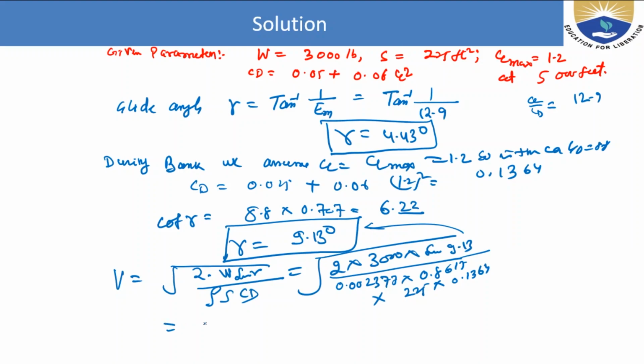So this velocity we will get 120 feet per second. So now we got it.